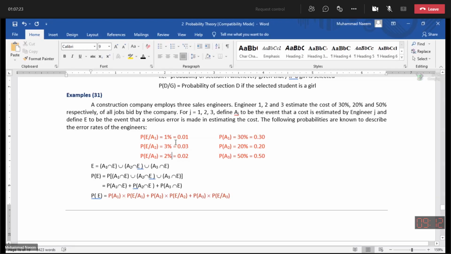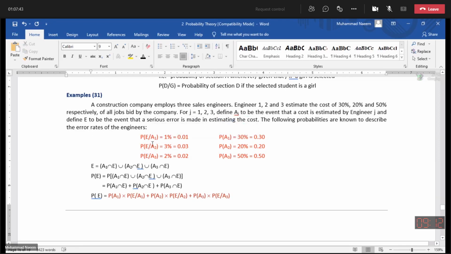But the difficult thing is only to express this probability conditionally. Probability of the error if engineer 1 estimates the cost; all these three are probabilities of errors.